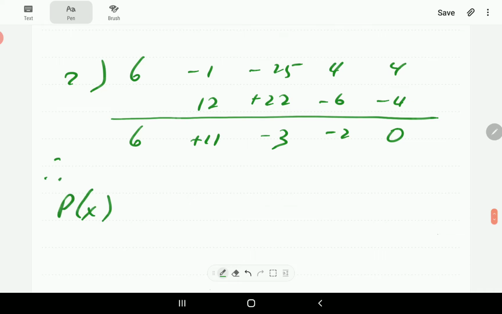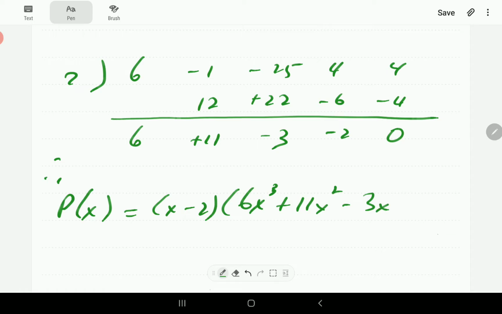What this is telling us is that we can write the polynomial as x minus 2 times 6x cubed plus 11x squared minus 3x minus 2.